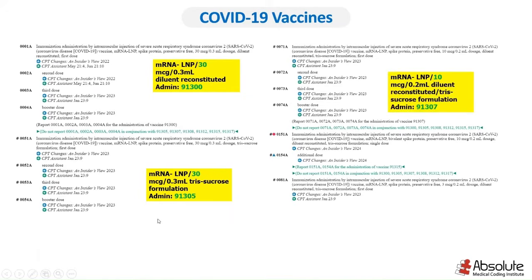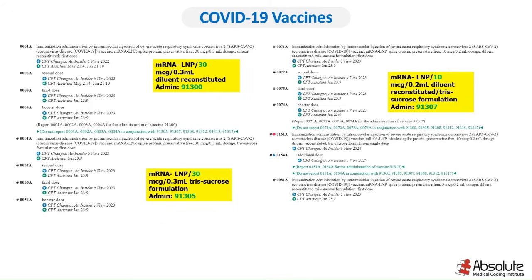Let's move on to the next family, 0071A through 0074A, which is for administration of mRNA LNP 10 mcg per 0.2 ml diluent reconstituted tris sucrose formulation. The administration code while using this vaccine, we would give 91307. Once again, we have a first dose, second dose, third dose, and booster dose.